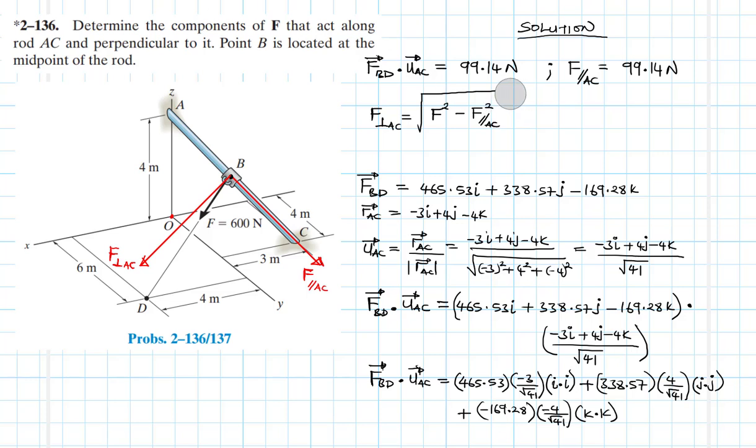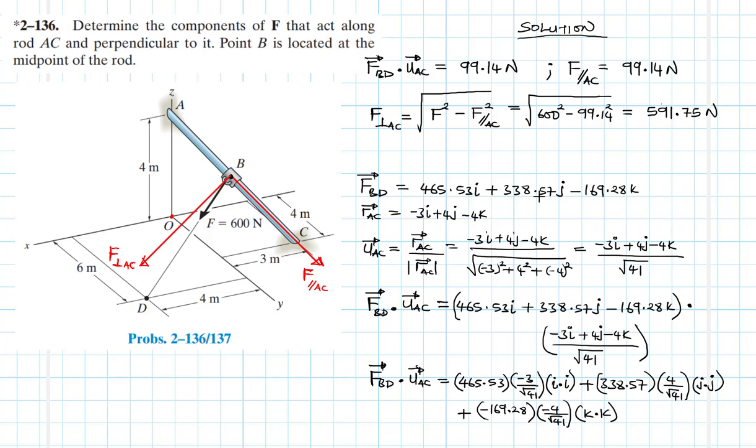Is that fine? So we are going to have the following. What is F? It is 600 minus 99.14 squared. And when you do the calculation, you find the following: 591.75 newtons.